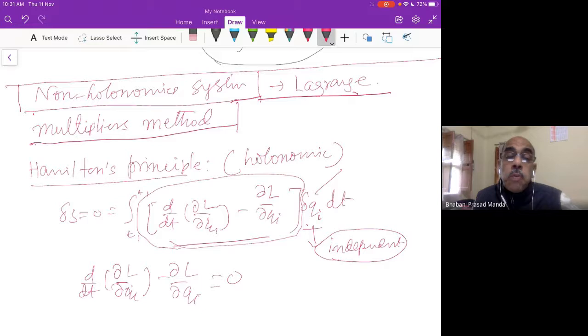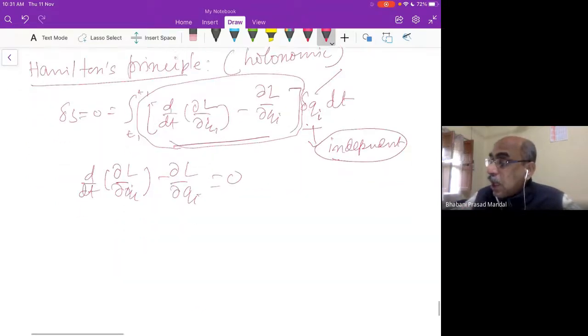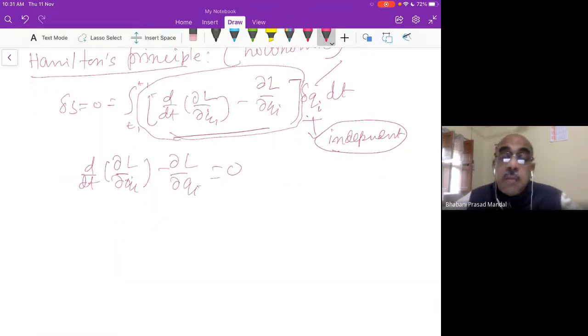So non-holonomic constraints in general have a time dependence, that I said, velocity dependent.